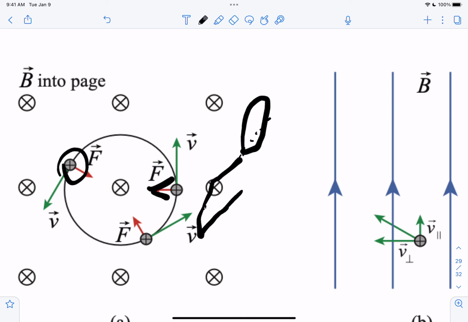Is it directly downwards, or is it tilted a little bit? What's going on here? Is it down to the right, down to the left, directly downwards?